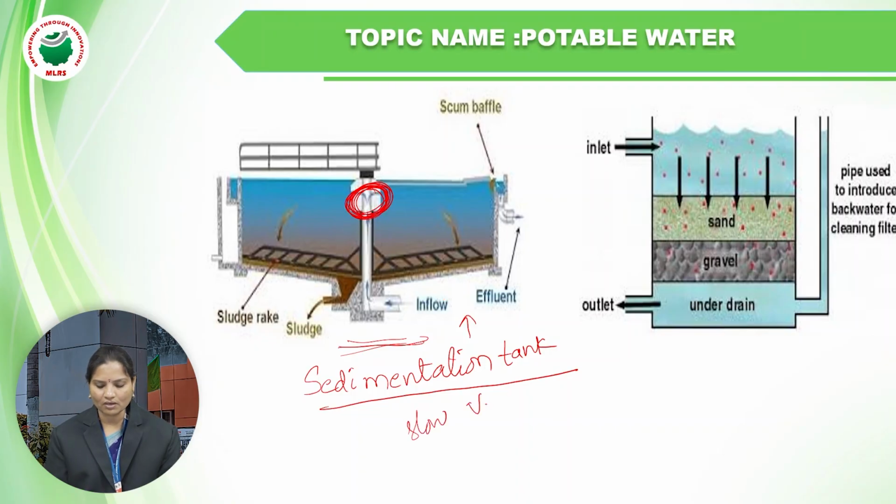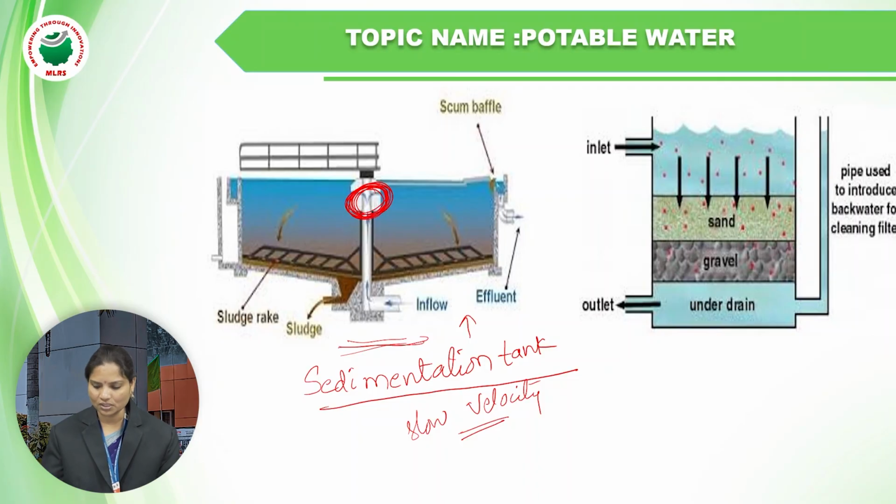When the water enters the sedimentation tank, the speed is slow. The hard water slowly passes through the tank, then the paddle stirrers are rotated and the reactions take place. We have to discuss what process goes on in sedimentation.